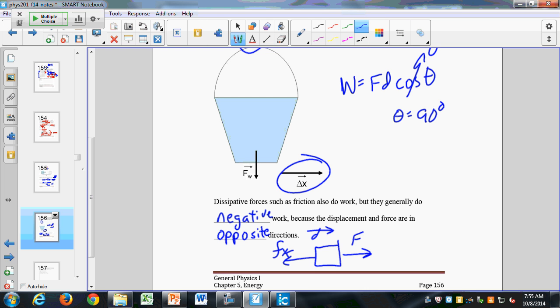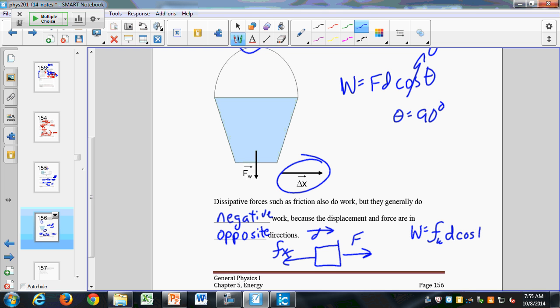In our dot product, it would work out like this. The work is equal to F_k times d times the cosine of what? What's the angle between the kinetic frictional force and the displacement? 0? No, it's not 0. These are anti-parallel vectors, and so they're 180, right?